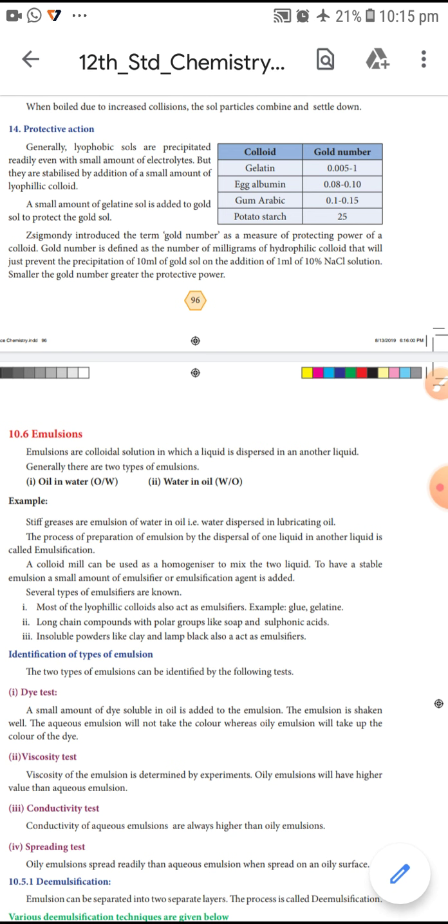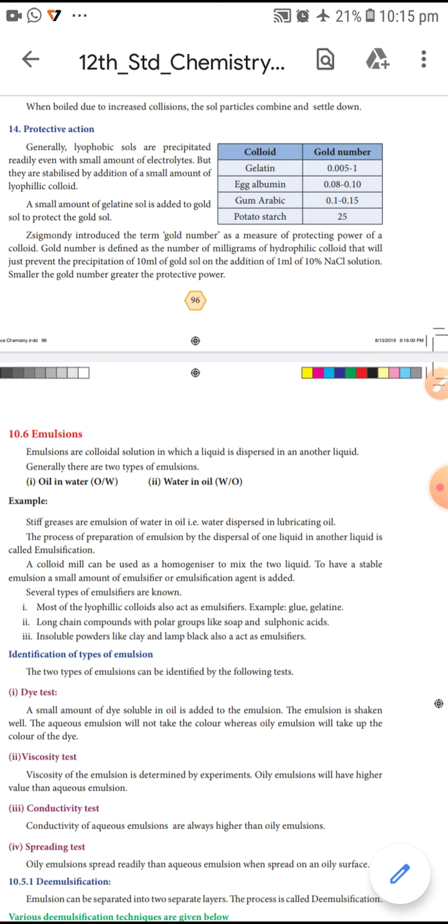Zsigmondy introduced the term gold number. Gold number is used to measure the protective power of a colloid. So what is meant by gold number?